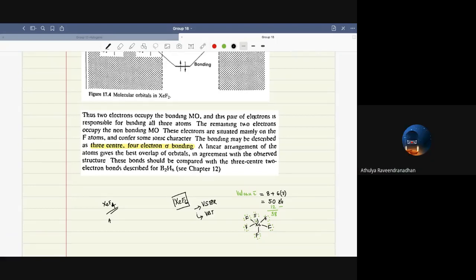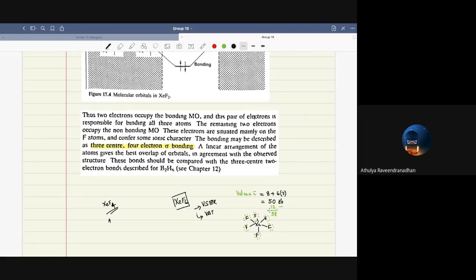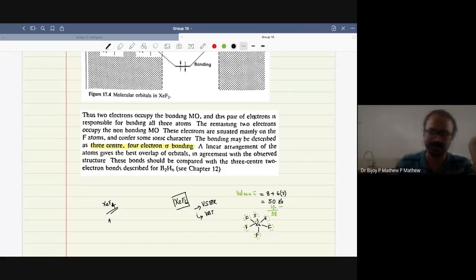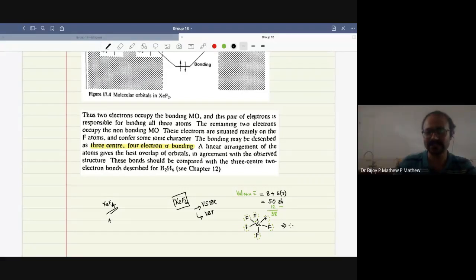See, xenon has how many lone pairs? It's 0, sir. So the formal charge on xenon is also 0. That means the structure is correct. So what is the geometry? Pentagonal bipyramidal. The structure would be expected to be a pentagonal bipyramidal structure.